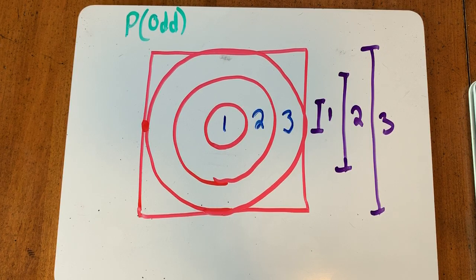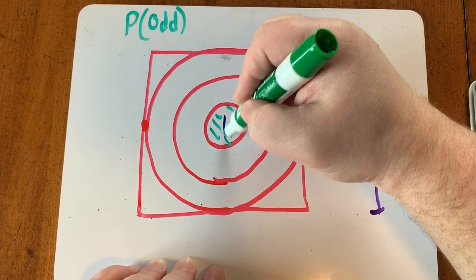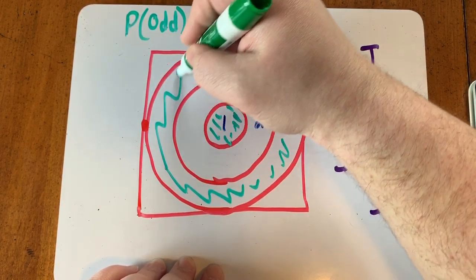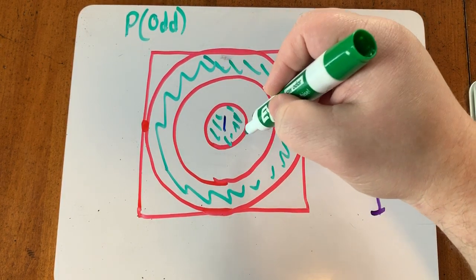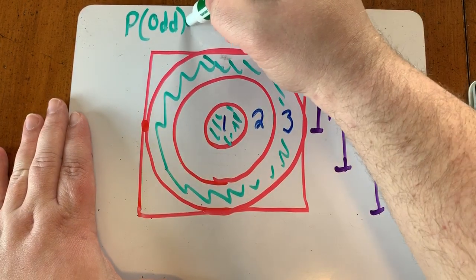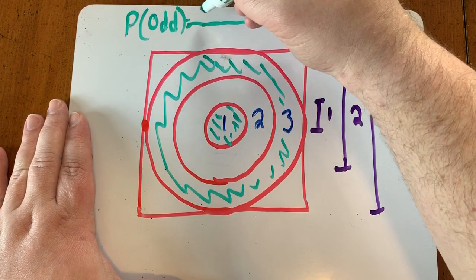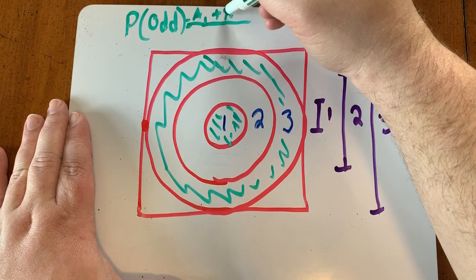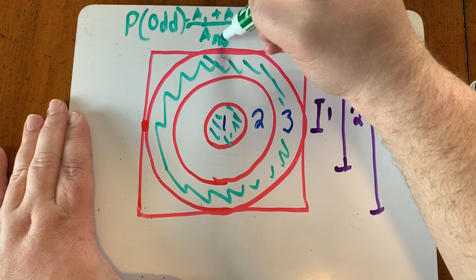So this could be a case where we have 2 regions that we need to check, because the favorable would be here and all out here. So it would be these 2 regions over the whole thing. It will be the probability of the area of the 1 and the area of the 3 over the area of the square.